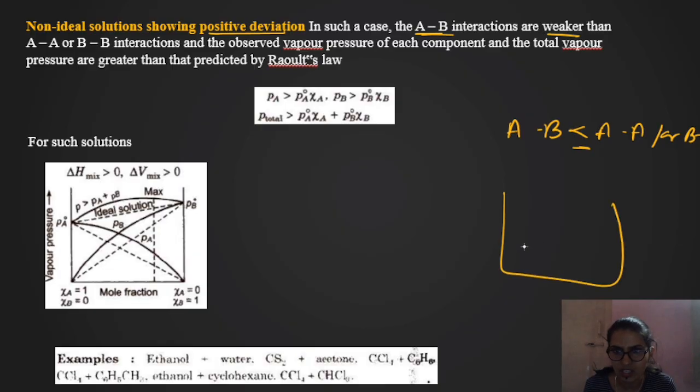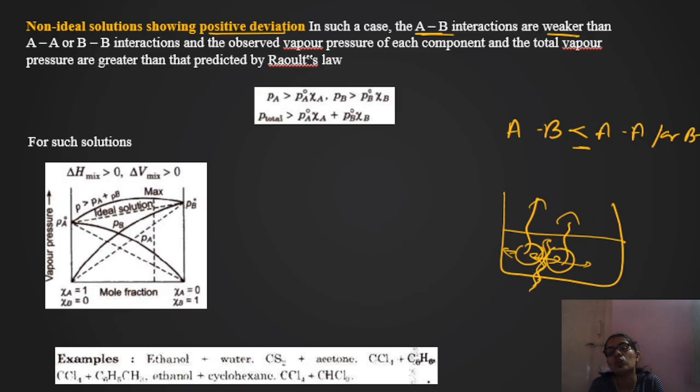Simple concept: if the attraction between them is very much lower, they are not attracted, they are going far away. It means they'll convert into vapor form easily. Once they convert into vapor form easily, the vapors are going to increase.